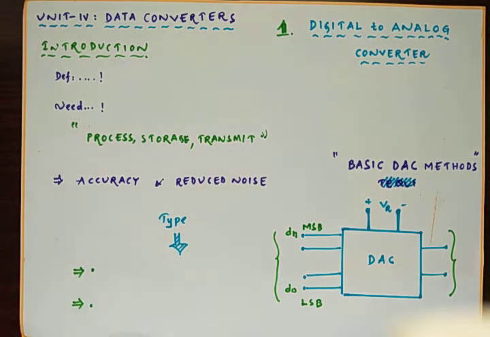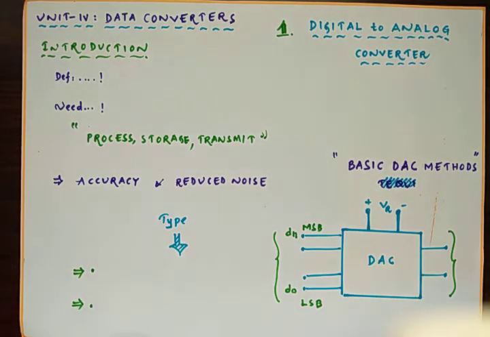It is very difficult to process and to transmit analog signals or analog data. However, it is often more convenient to process, transmit or store the physical quantity when it is converted into digital form.